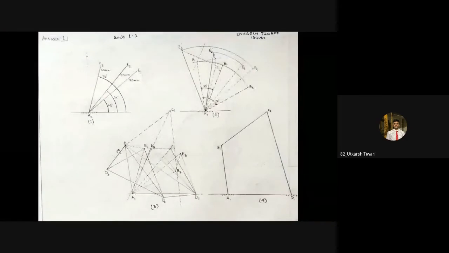First, we have to locate the 3 coupler points E1, E2 and E3 as per the question. Then we have to select a suitable point for pivot A. Then we have to rotate A1E2 30 degrees counterclockwise so that we can get E2 dash, and similarly we have to rotate A1E3 70 degrees counterclockwise so that we can get E3 dash.